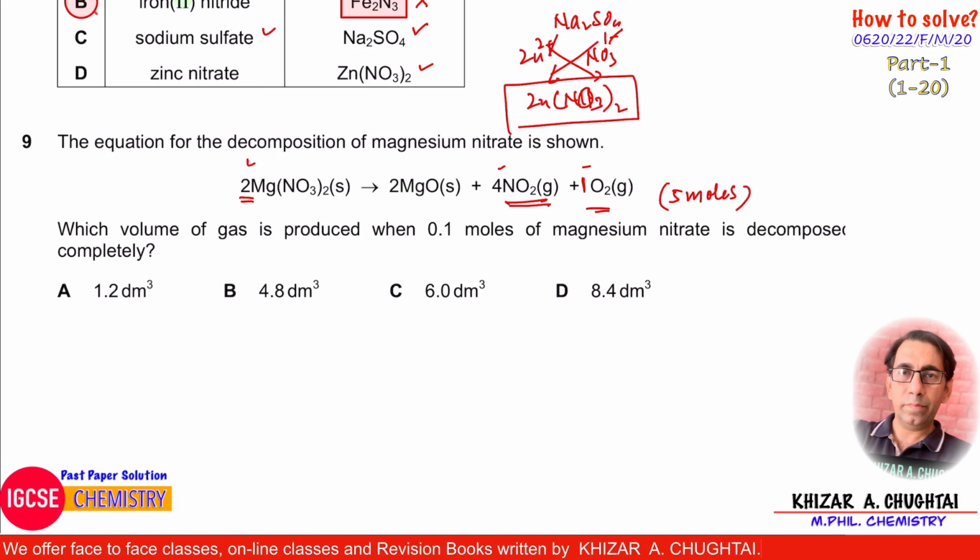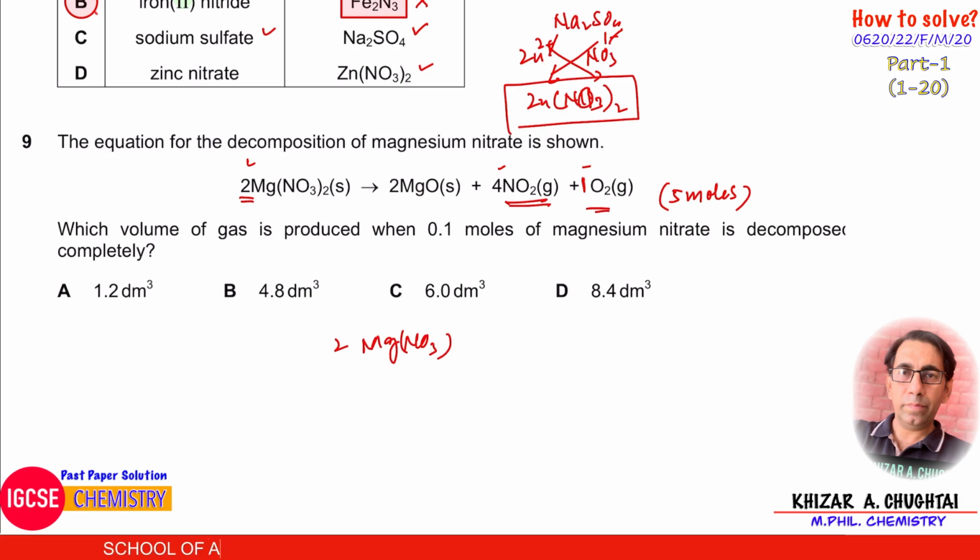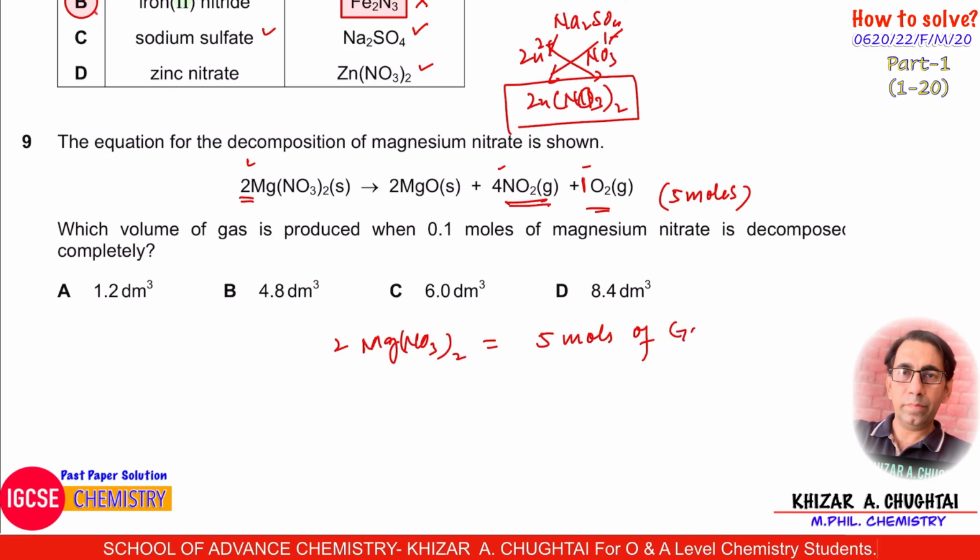So 2 mole of magnesium nitrate is going to make 5 moles of gases.